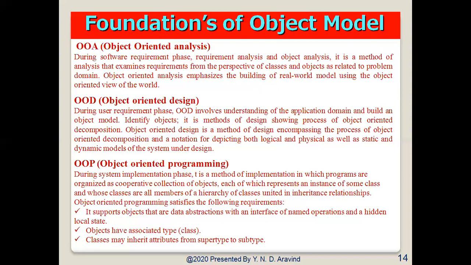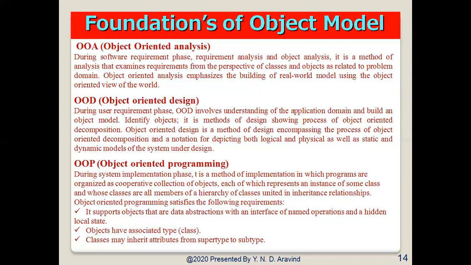Coming to object-oriented programming, it is a method of implementation in which programs are organized as a cooperative collection of objects, each of which represents an instance of some class, and whose classes are all members of a hierarchy of classes united via inheritance relationships.